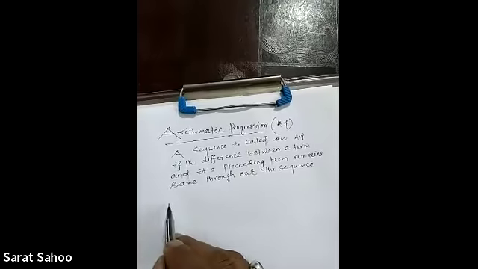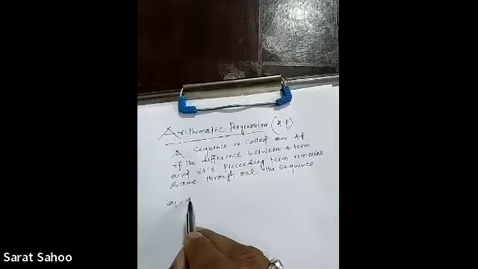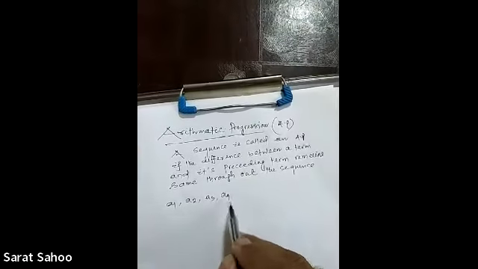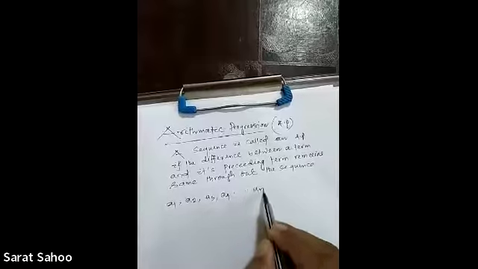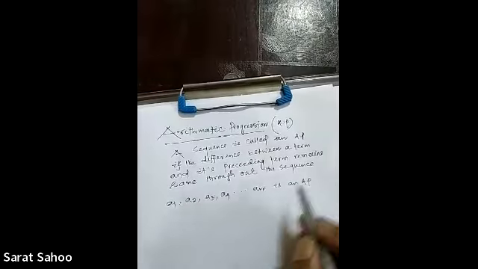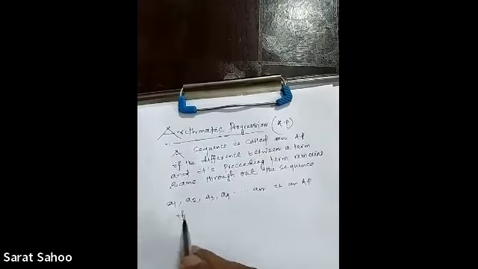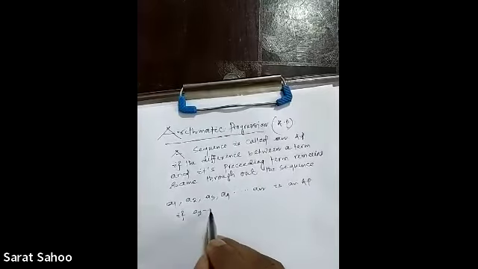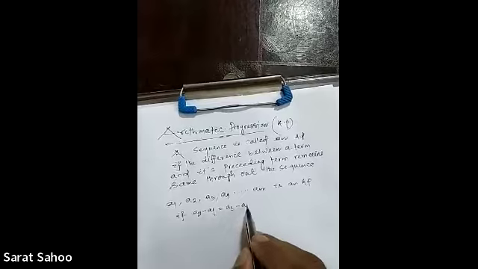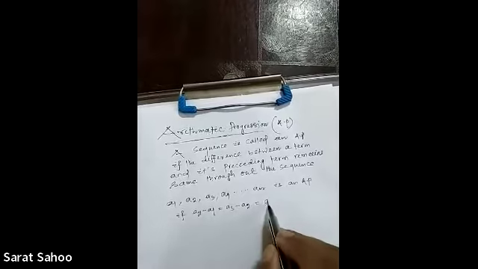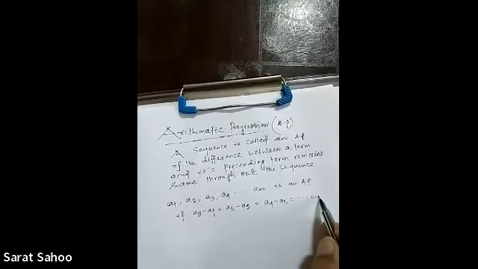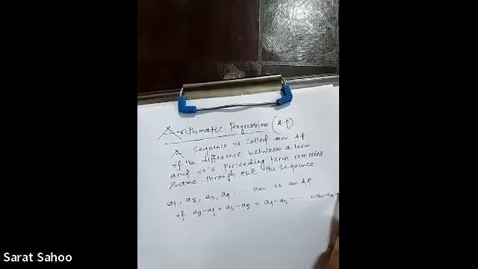For example, A1, A2, A3, A4 up to AN is an AP if A2 minus A1 is equal to A3 minus A2 is equal to A4 minus A3 is equal to AN minus A(N minus 1).